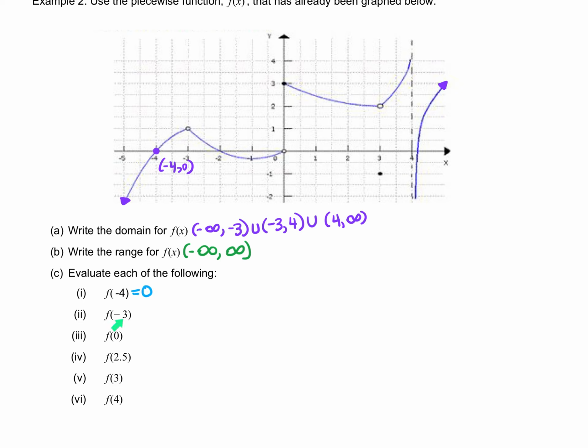How about f of -3? Once again, looking at -3. This is interesting because this is the only place on my graph that has an input of -3, but it's an open circle, which means we don't actually have an output when our input is -3. So this is one that we would say is undefined.